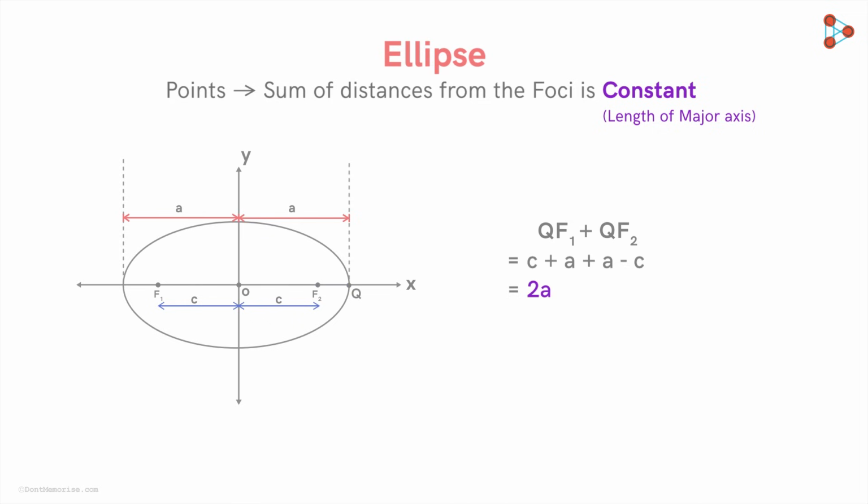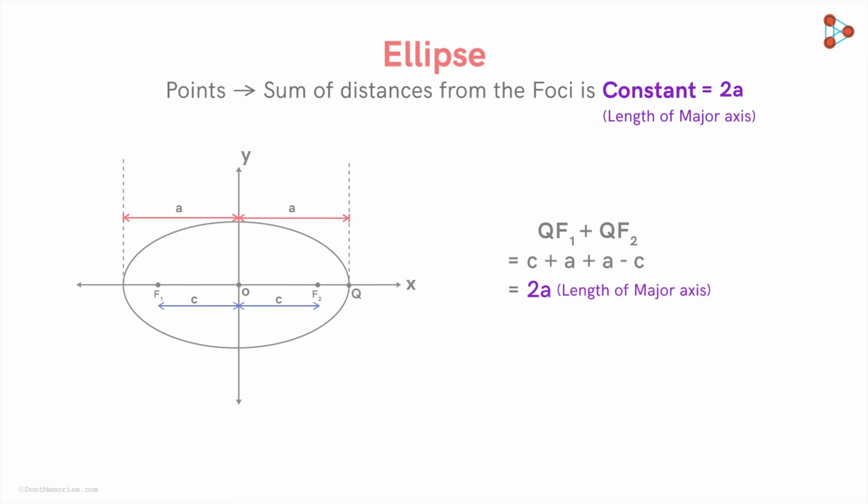We can see that the sum is equal to 2 times A. And we know that for any point on the ellipse, its sum of distances from the foci will be this constant 2A. And 2A is the length of the major axis of the ellipse. So we see that for all the points on the ellipse, the constant sum of distances from the foci is equal to 2A, which is the length of the major axis.